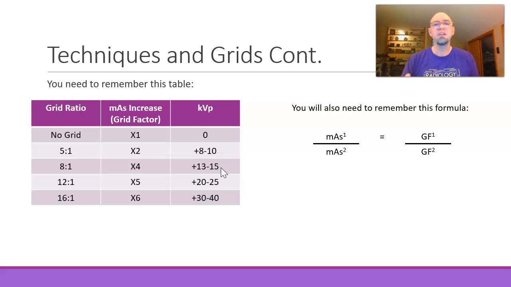Your portable machines are so smart. There's a computer right there with software that tells you what your technique is going to be. I would trust that a whole lot more than me doing math in my head on the fly and adjusting my own technique. And I'm sure you all could say the same thing. The manufacturer has come up with techniques. You can see the different tags associated with the exams you're going to do.